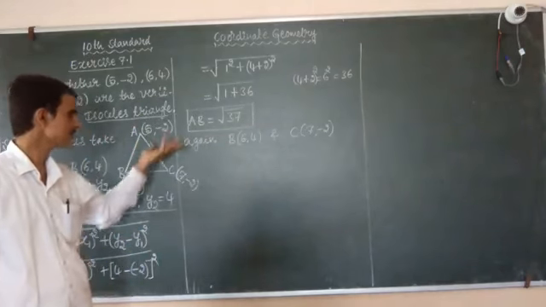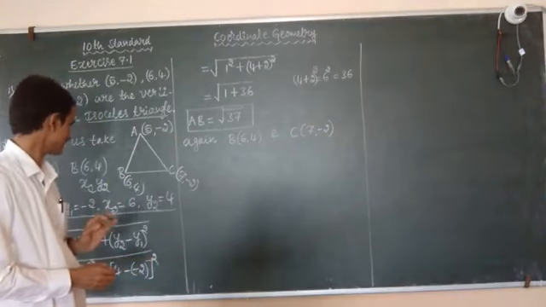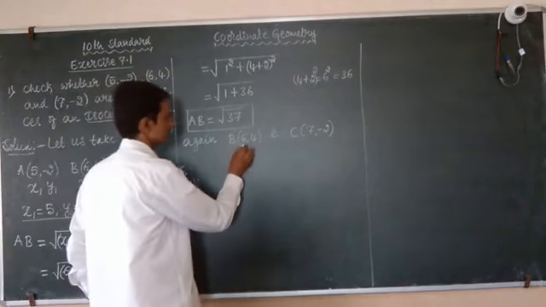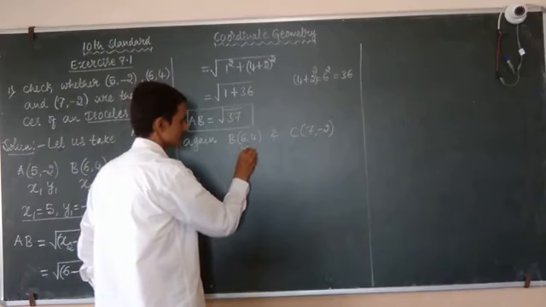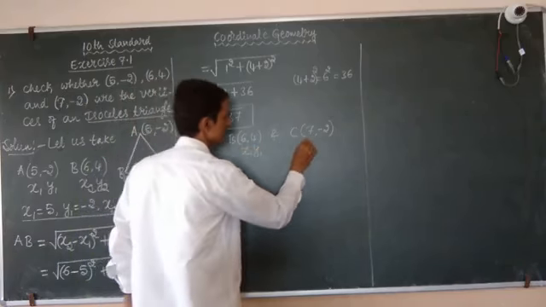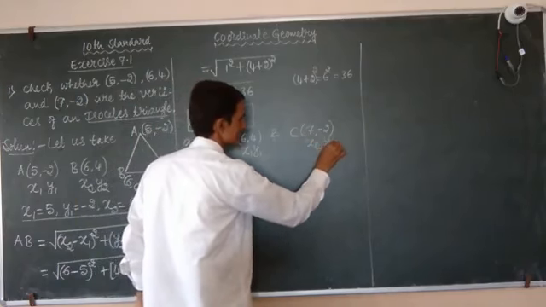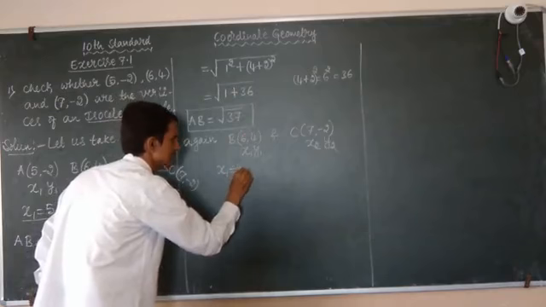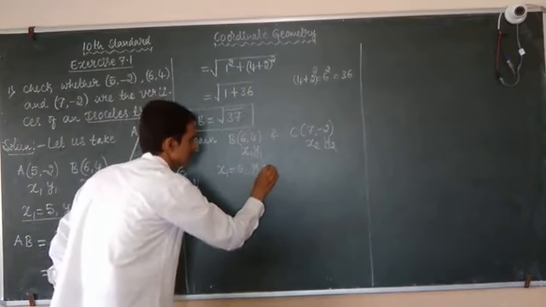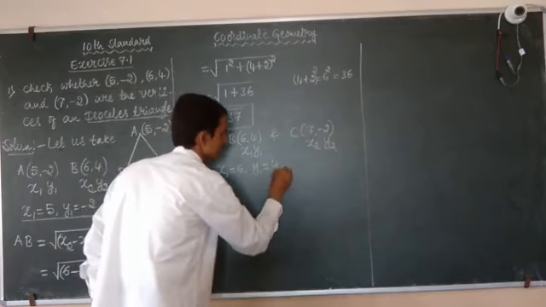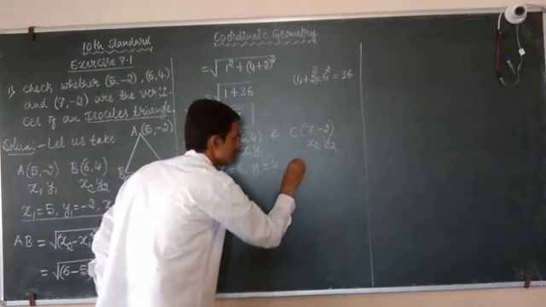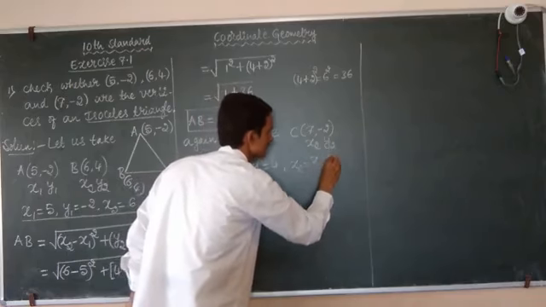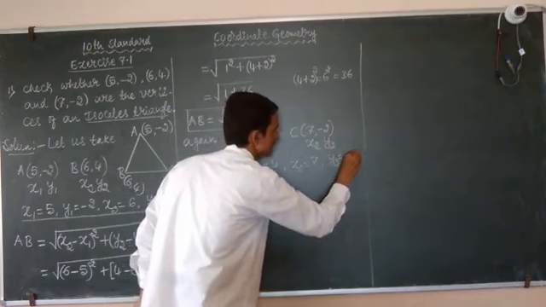So as in the previous problem, write down this as x1, y1 and this as x2, y2. So x1 equals 6. What is the value of y1? Yes, y1 is 4. The value of x2 is 7. Value of y2 is minus 2.